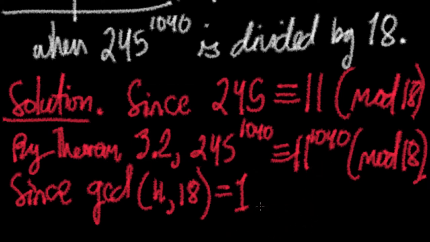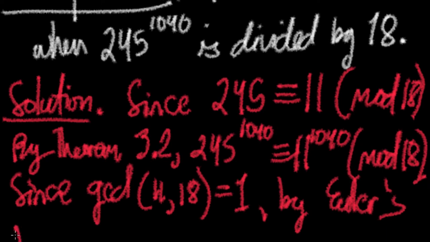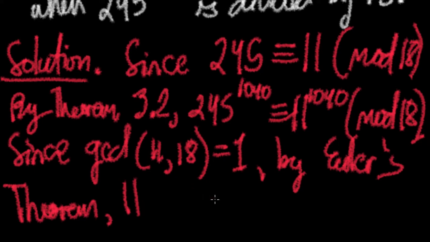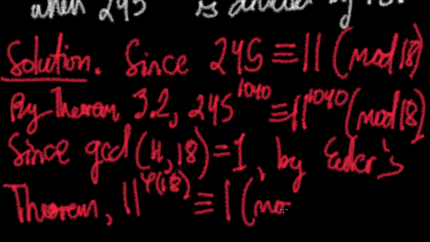By Euler's theorem then, we say that 11, which is going to be our a, raised to the phi function of 18 is congruent to 1 mod 18.